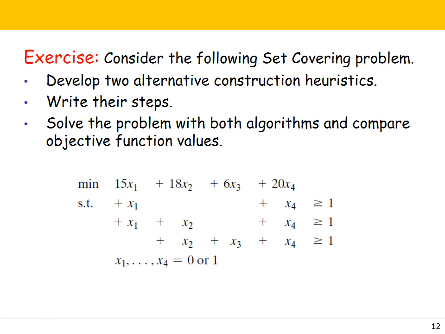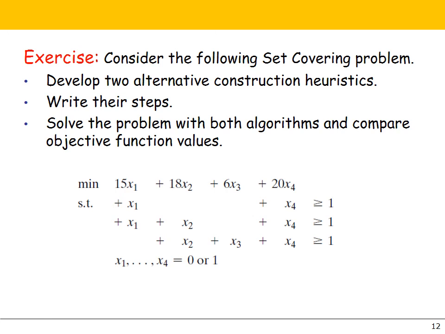And these 4 alternative locations must serve the regions, and the restrictions related to those regions are given in these constraints. What I want you to do is try to develop 2 alternative construction heuristics for this problem by yourself.